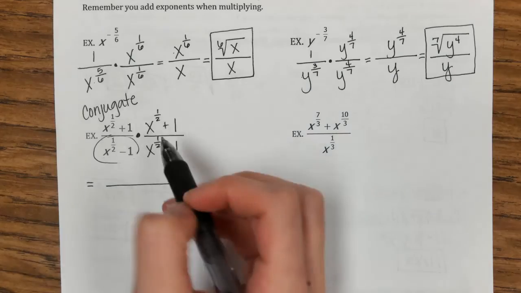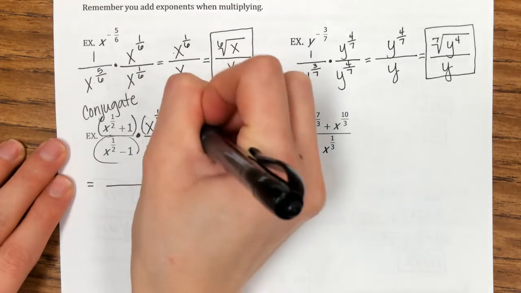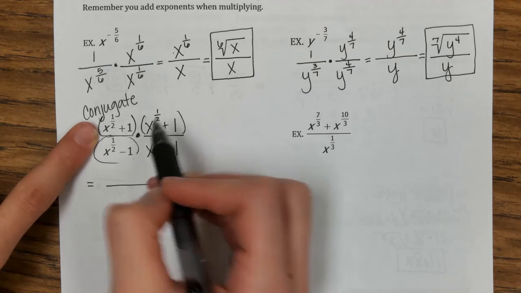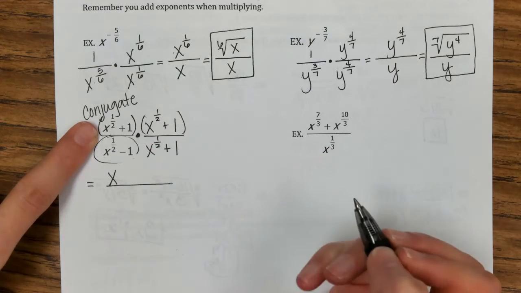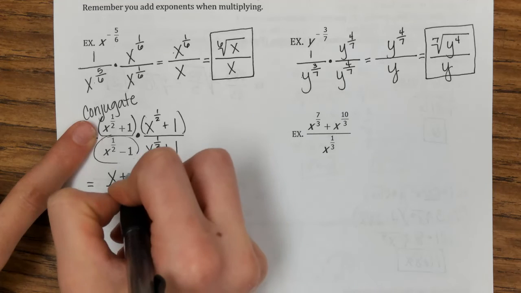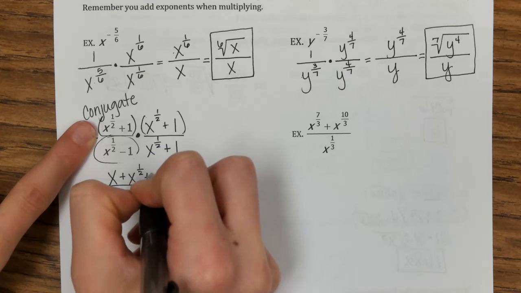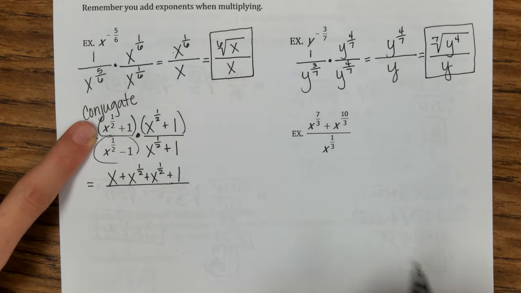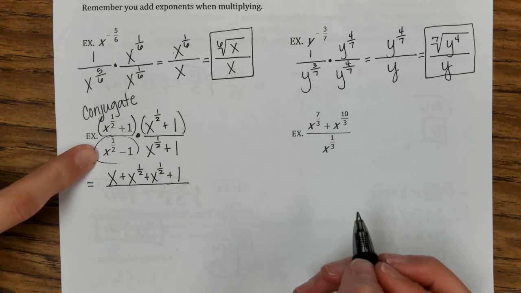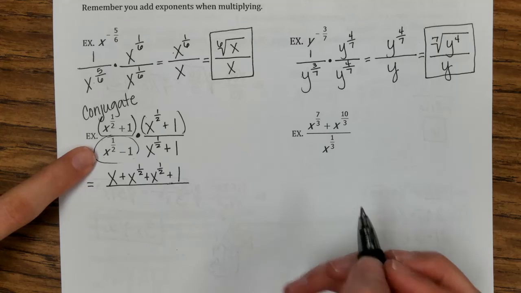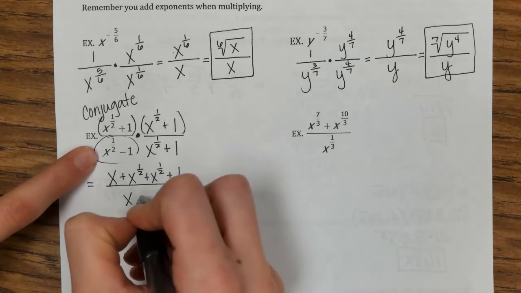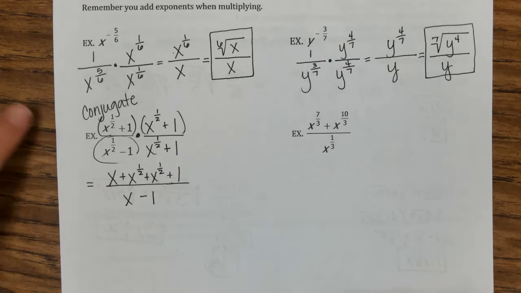So my numerator, I'm foiling that. X to the 1/2 times x to the 1/2. I add my exponents, 1/2 and 1/2 is just 1. Then I've got x to the 1/2 plus x to the 1/2 plus 1. My denominator, it's my conjugates, so x to the 1/2 times x to the 1/2 is just x, minus 1 times 1 is 1.